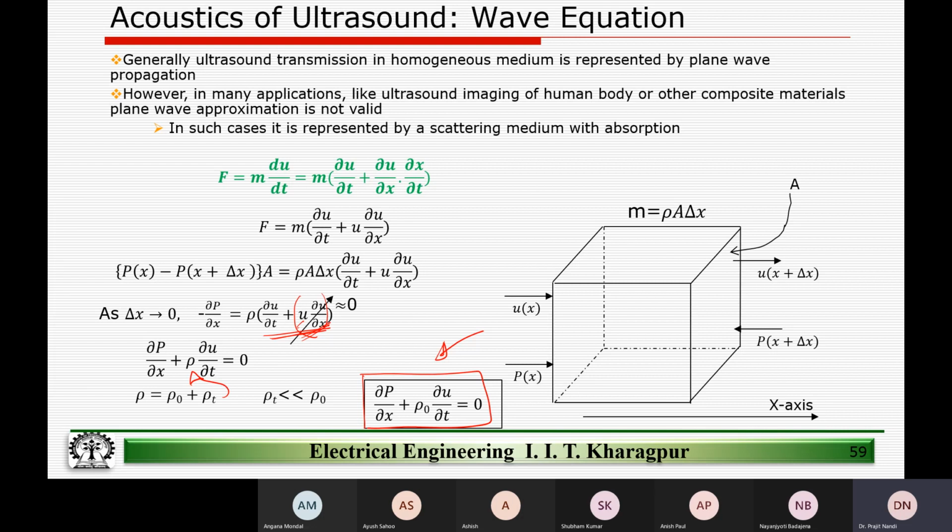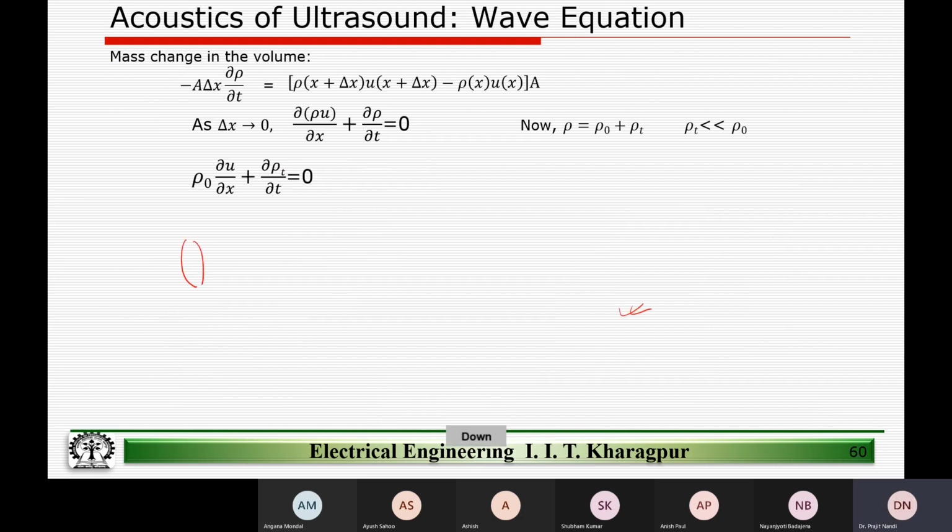In fact, much of these derivations are not done in such detail in most textbooks, but you can think about it, and it is fair to say that the velocity itself is a small quantity, and multiplied by the gradient of u as a function of x, we can assume that to be zero.